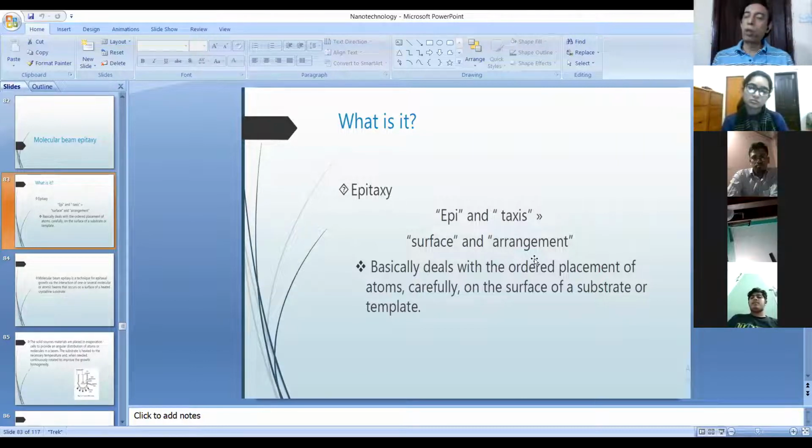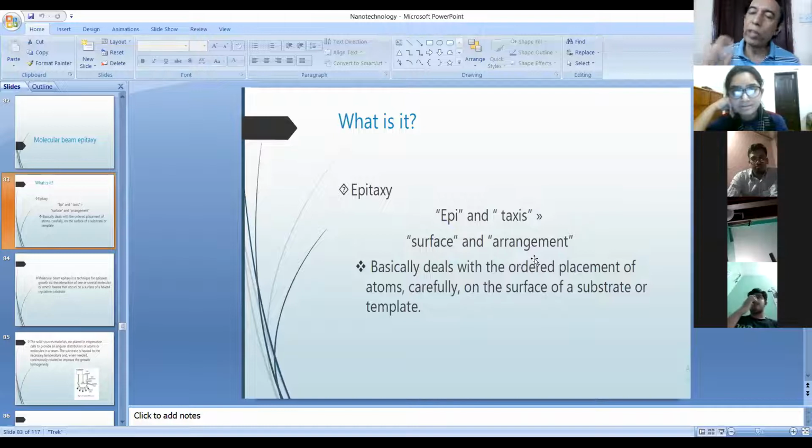You can remember what a crystal is: it has an ordered arrangement of atoms. If here is A and here is B, then throughout the crystal, here is always A and here is always B. There is no change. That is a crystal.